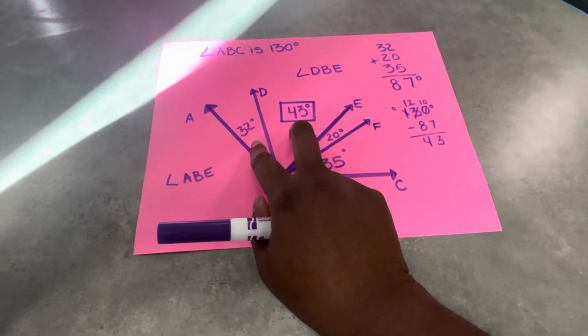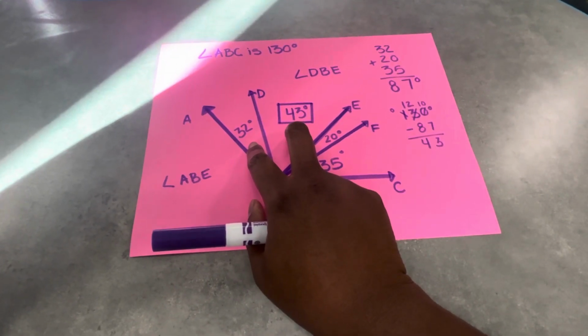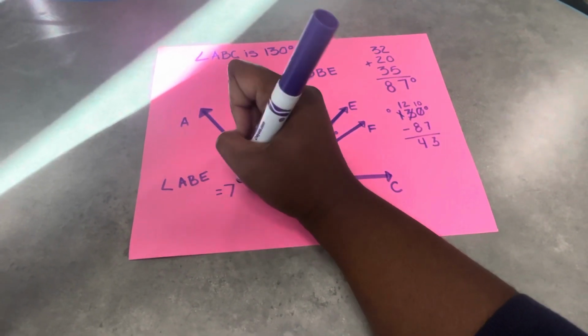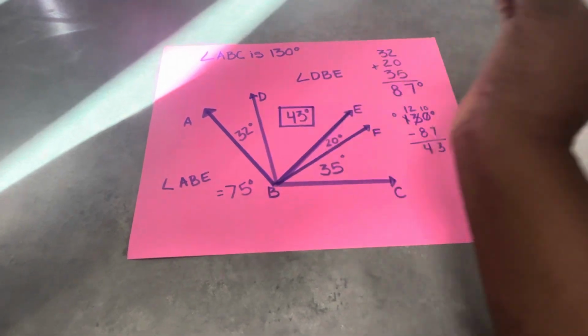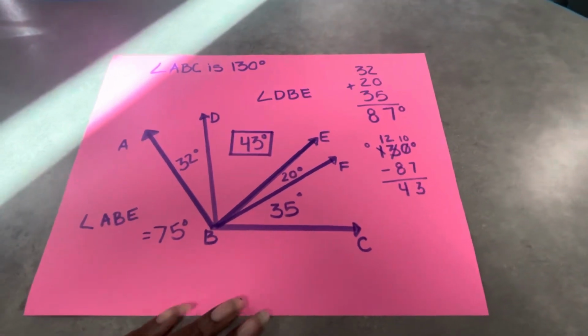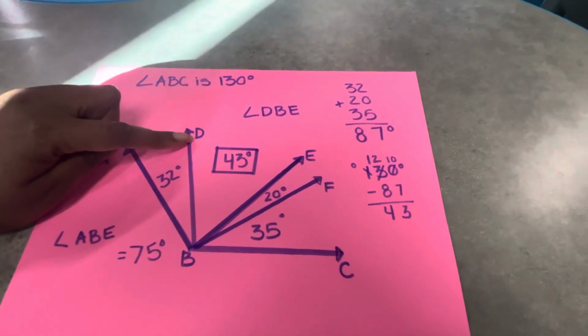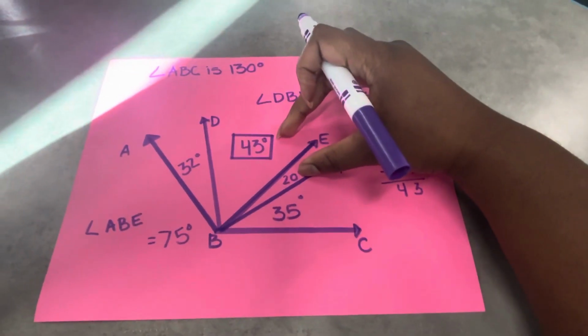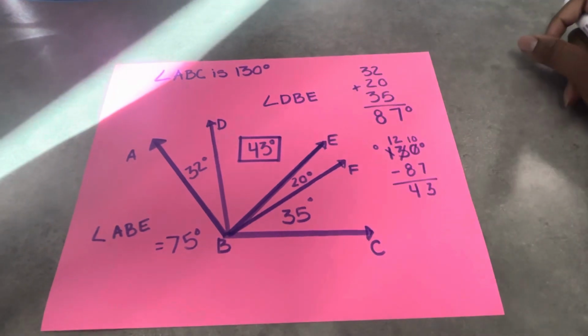That means these two angles, so I would need to add these two numbers up. If I were to add them up, I would get 75 degrees. Now the next thing is, what if they ask me what is angle DBF? So I would need to add these two numbers up together, and I would get 63.